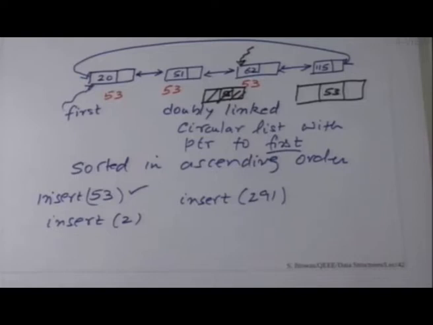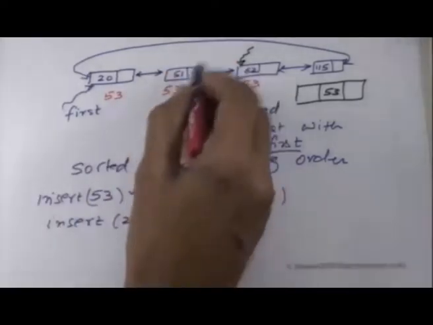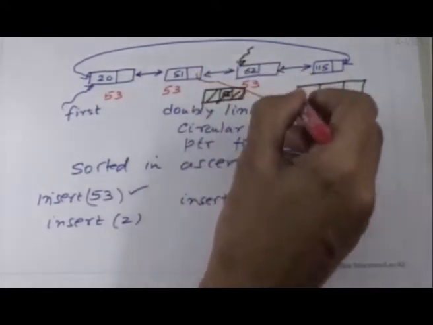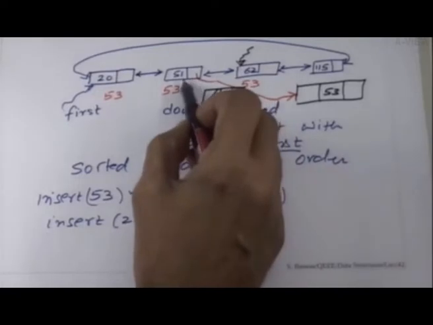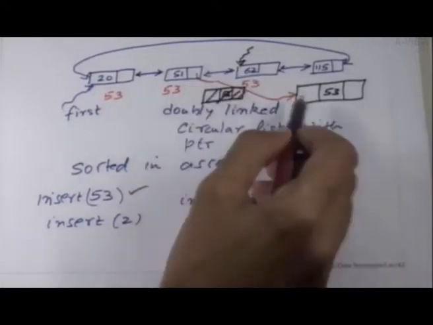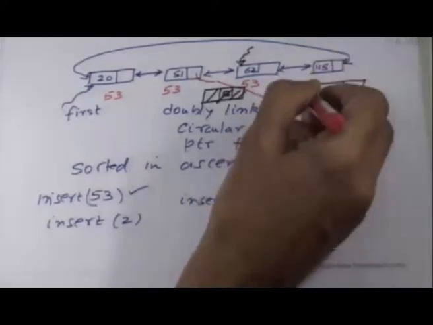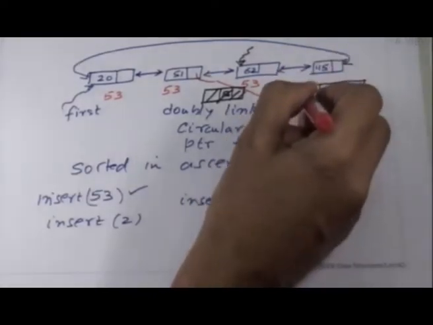So what do I do? I take the successor of 51 and put it to 53, so my red mark. I'm going to change one end of this link and say no, 62 is not the successor of 51, but the new element 53. Once I do this, I also know 53's predecessor should be 51.